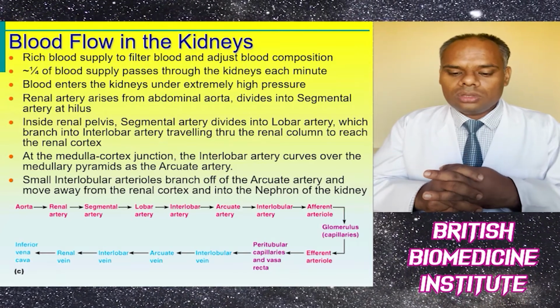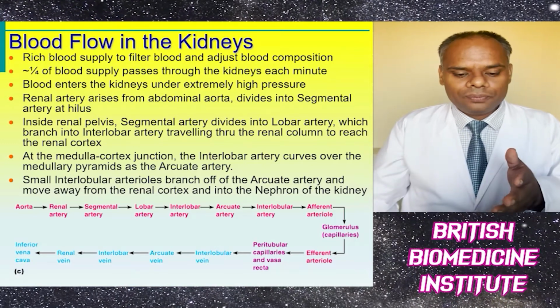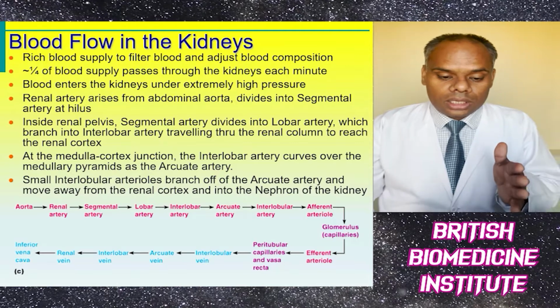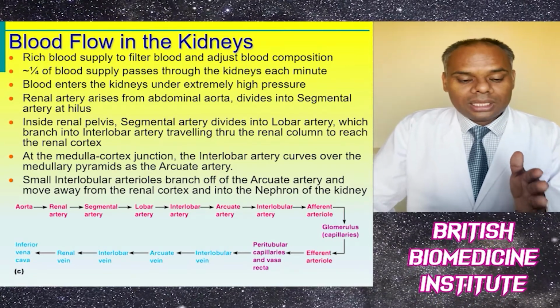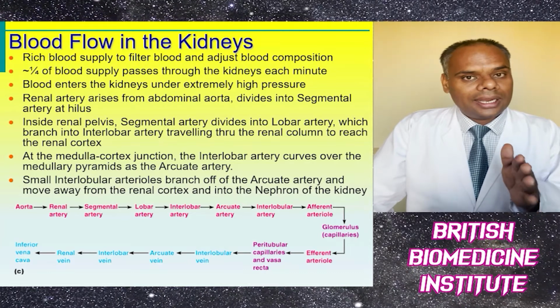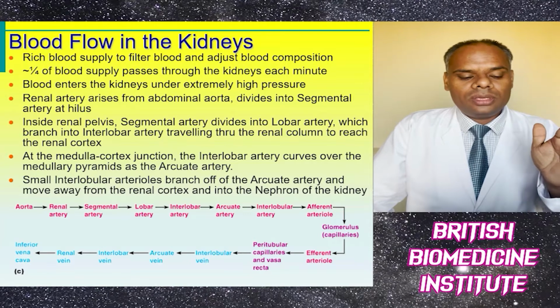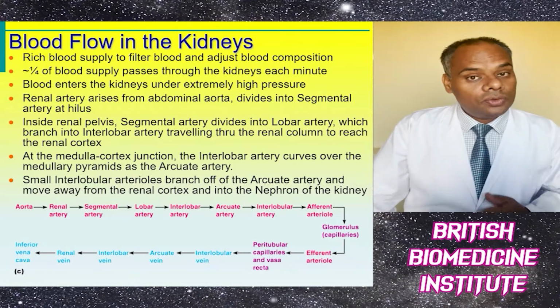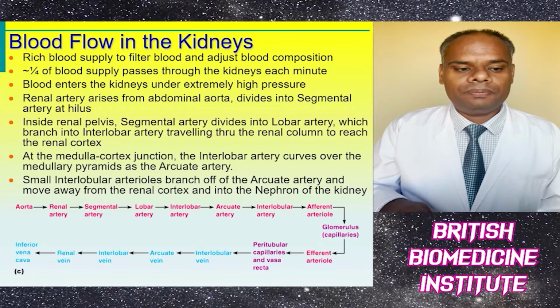It will enter the efferent arterioles, then go to the vasa recta, then to the interlobular veins, arcuate veins, then to the renal veins, and it will drain through the inferior vena cava. So this is how blood flows in the kidney.